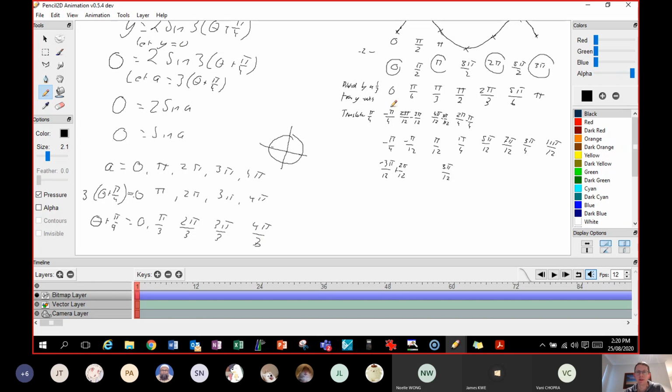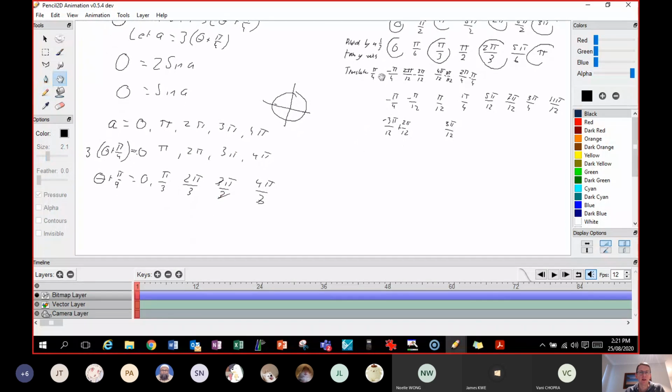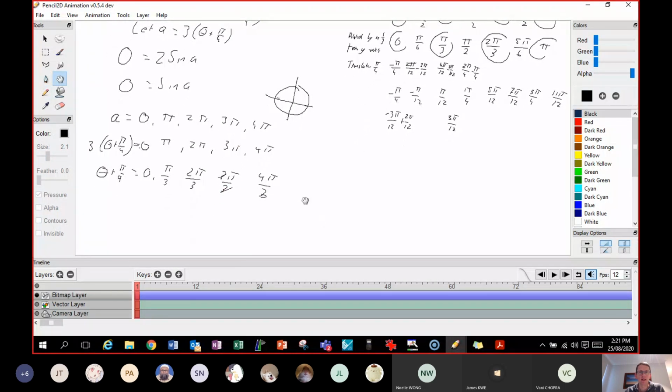So notice when we dilated them, we've still got 0, pi on 3, 2 pi on 3, and pi, which is this one. Then what we did is we then translated in the negative direction by pi on 4. Well, we're going to take away pi on 4 from each of these.